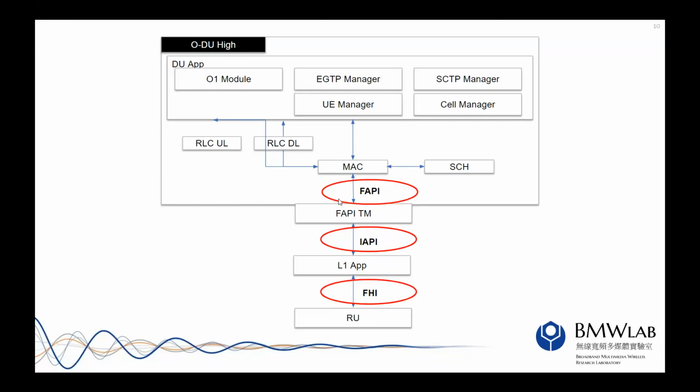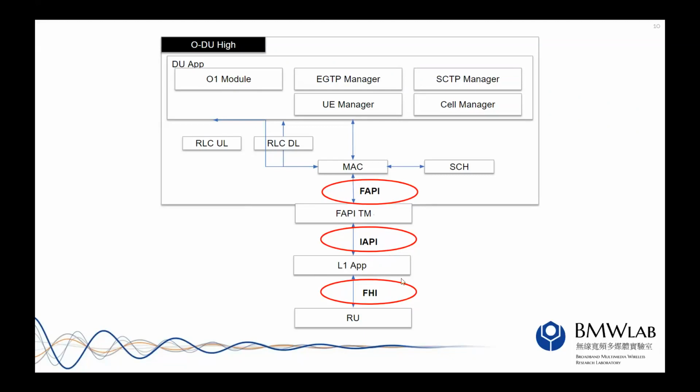FAPI TM is like its name, used to do translating work, because ODU High is developed by Radisys, and ODU Low, like we can see the L1 app, is developed by Intel, and their data formats are not consistent, so it still needs some translation to let them communicate with each other.